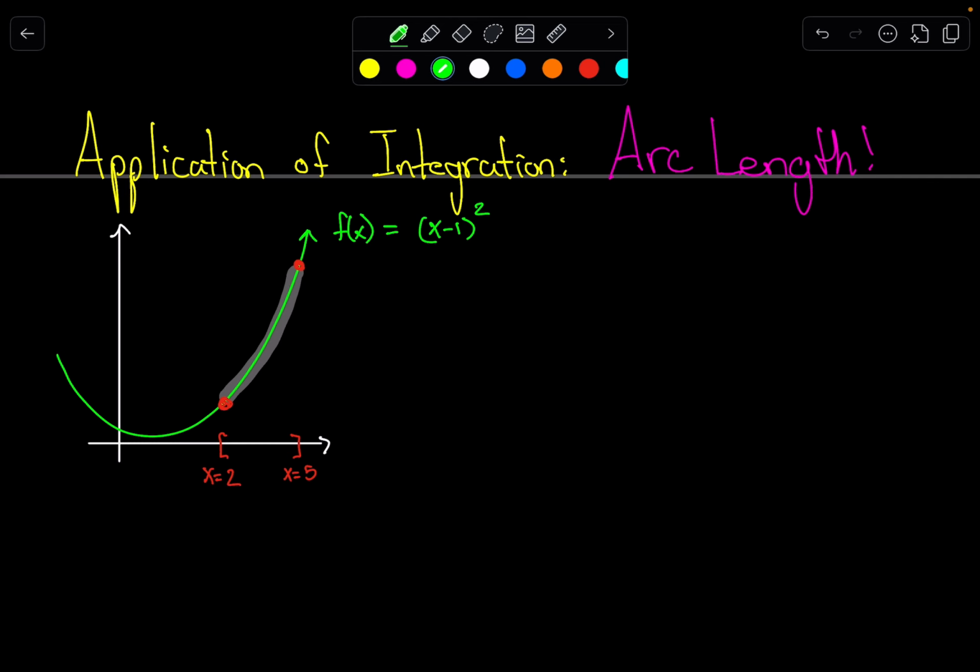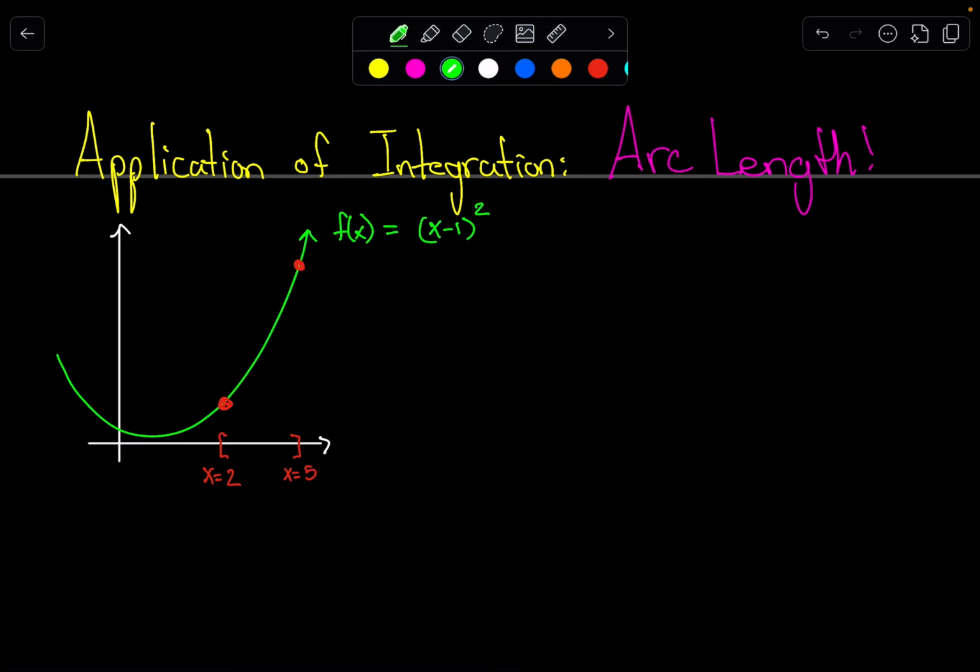These are all applications. If you're doing structural support, how much steel are you going to need to melt in order to create a curved beam? Whatever it is, being able to measure the length of something that's curved is going to be kind of interesting to us. But as you can imagine, it's going to take a little bit of work.